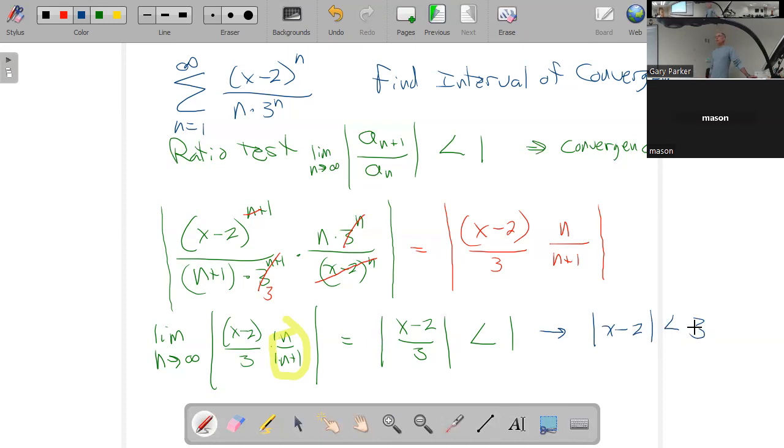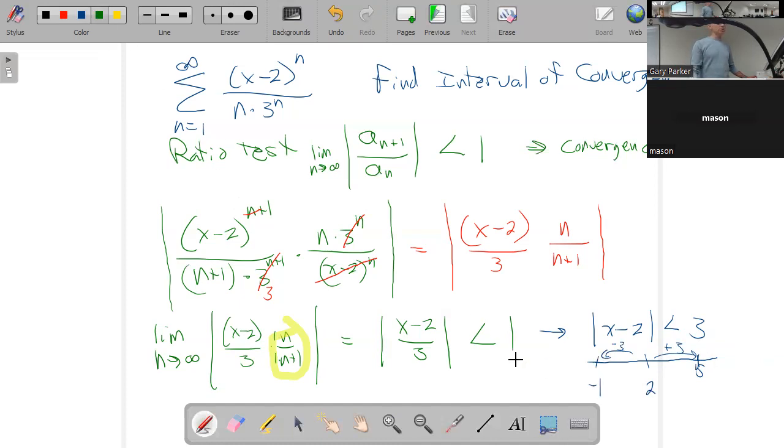Well, that right there is an interval of convergence. This says on a number line, 2 is the center, and you can go at most 3 to the right. Oops, my hand got ahead of my brain. 2 is the center, we can go 3 to the right. 2 plus 3 is going to give me 5 on this side, and 2 minus 3 to the other side is going to give me negative 1.